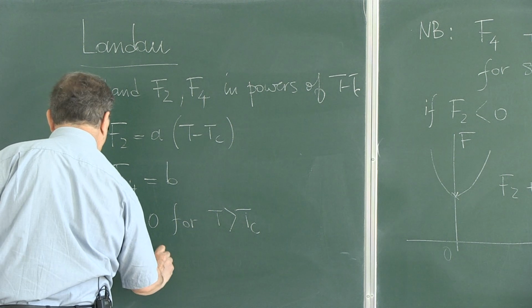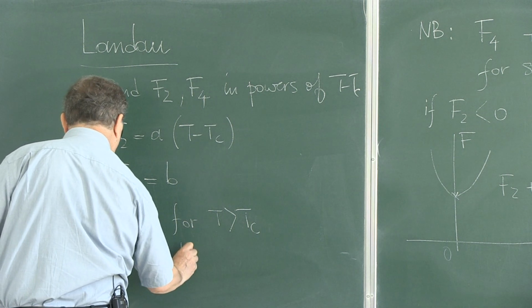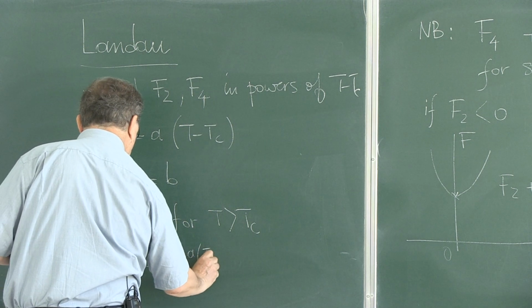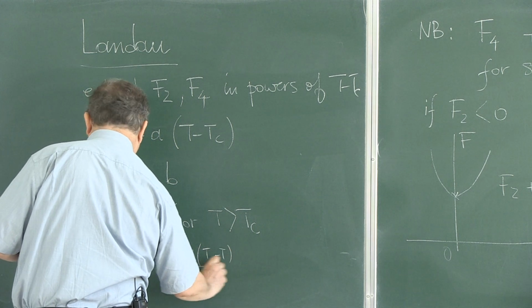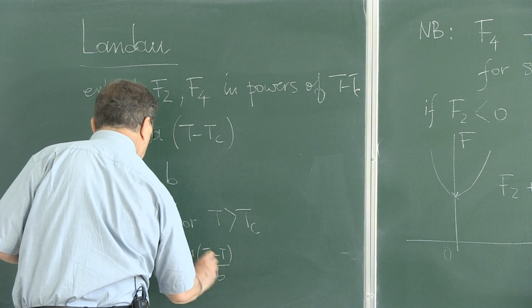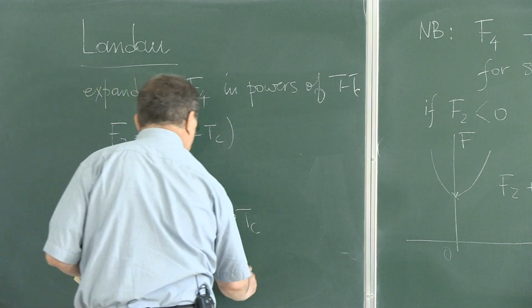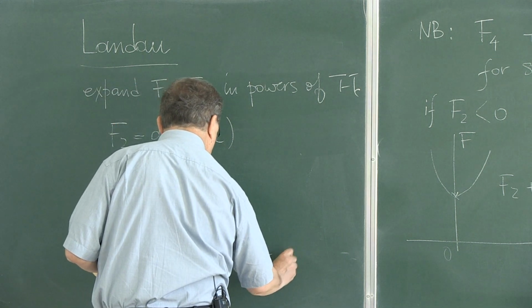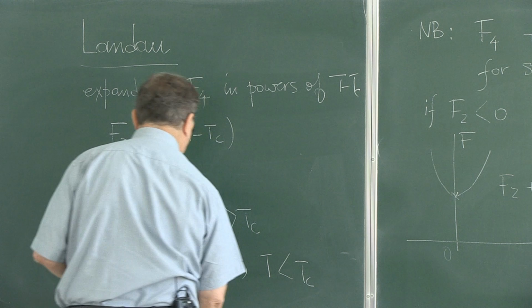Phi is plus or minus the square root of A times Tc minus T over 2B for T smaller than Tc.